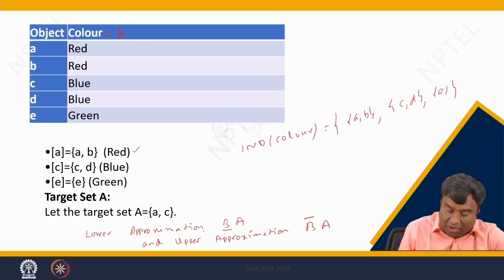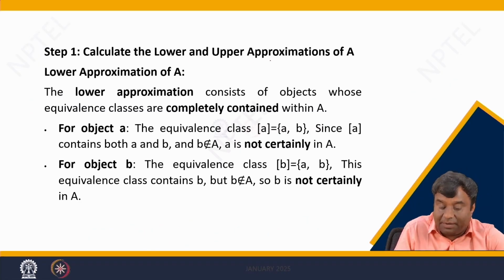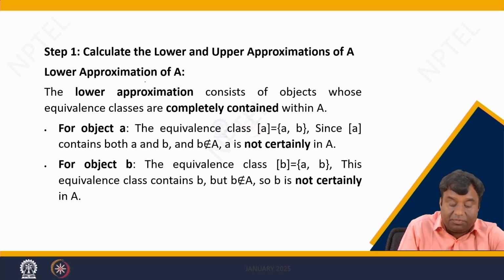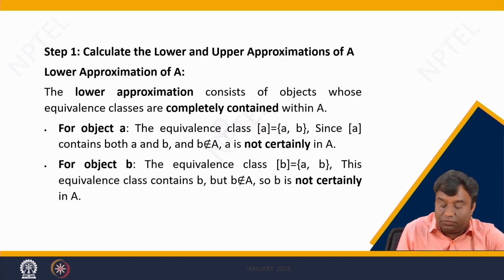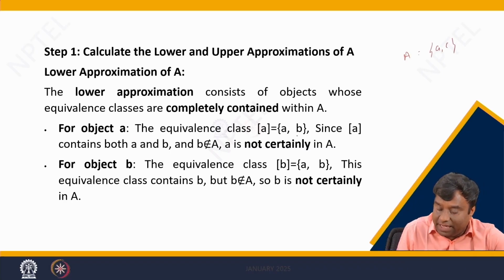So we try to find the lower approximation, B lower A, and the upper approximation, B upper A, where A is the target set. Let's understand all these things step by step. Step 1, we calculate the lower and upper approximations of A. The lower approximation consists of objects whose equivalence classes are completely contained within A. Remember here A is A and C. For object A, the equivalence class is AB.